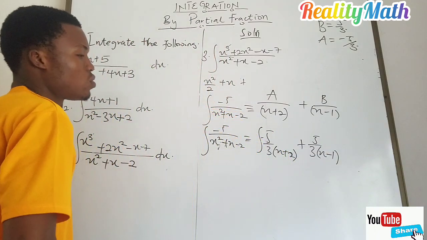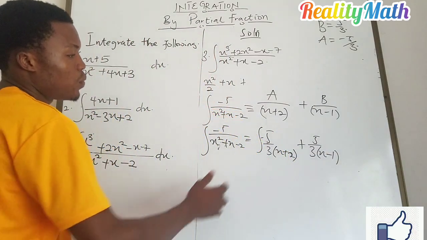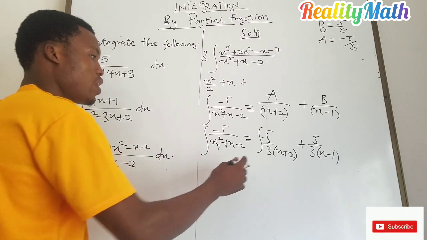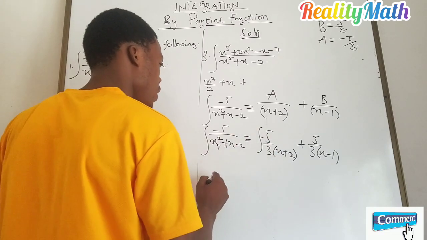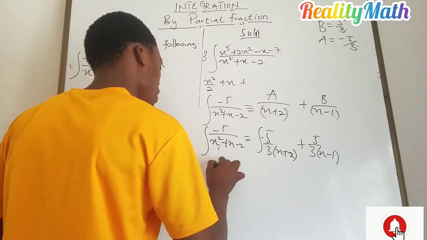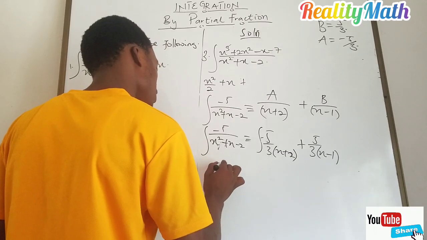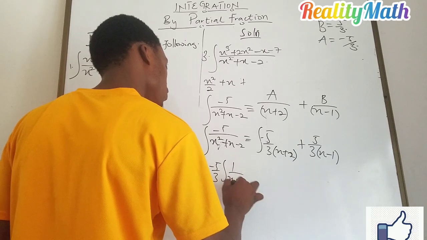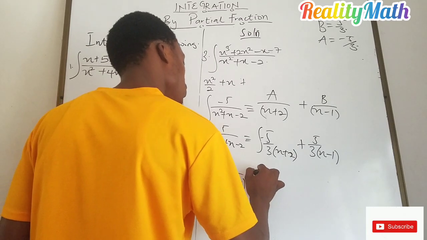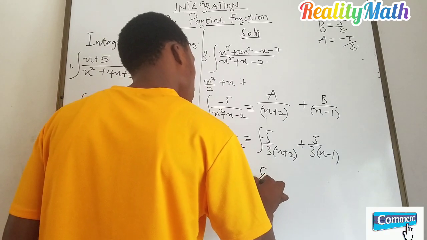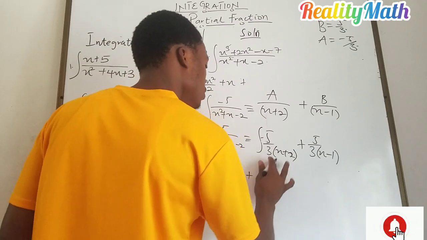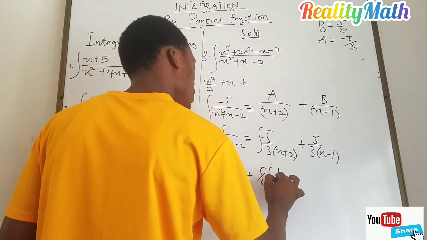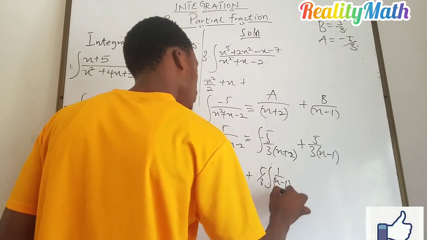Okay. So here, we know that we can factor out what? Minus 5 over 3. So when you take minus 5 over 3 out, we are going to get minus 5 over 3 integral of 1 over x plus 2. Alright? This is also what? 5 over 3, then integral, alright, the integral of 1 over x minus 1.